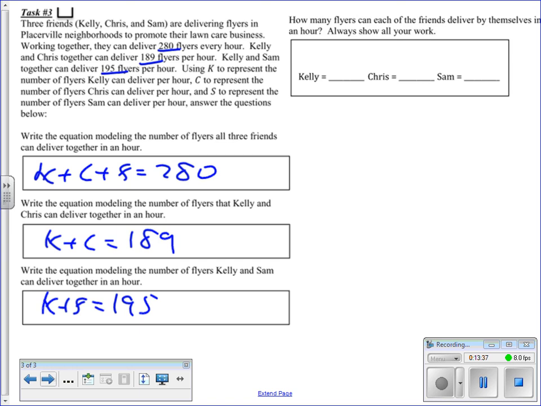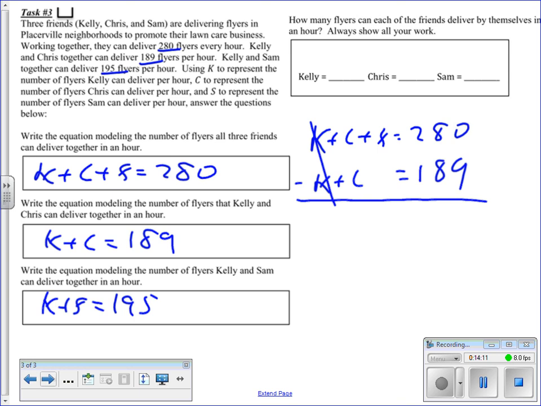Now, if you wanted to add 2 together to try and eliminate a variable, you can do that. This one's really easy. Take the top equation, K + C + S = 280. From that, subtract one of the other 2 equations, K + C = 189.